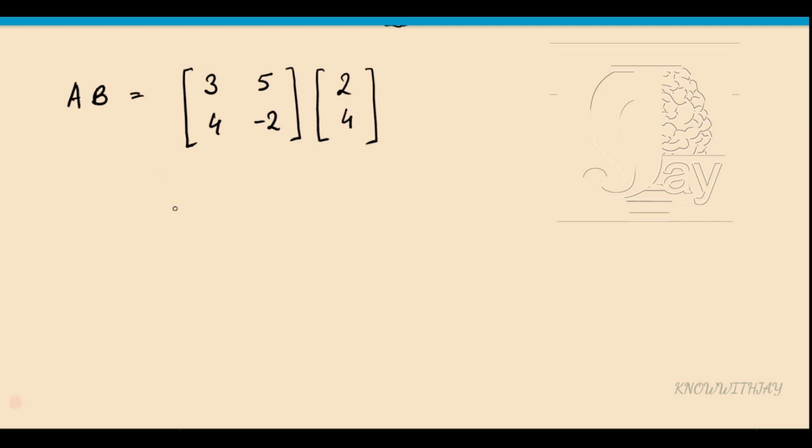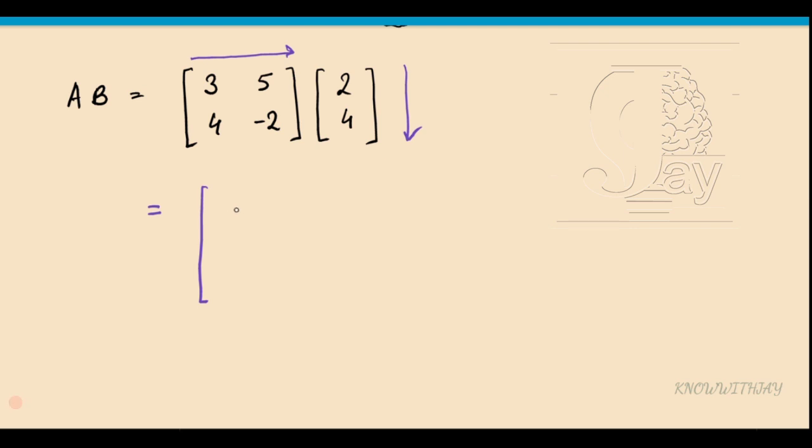Okay, to find the product AB, remember we need to go to the right for the first matrix and downwards for the second matrix. So what is the first element?